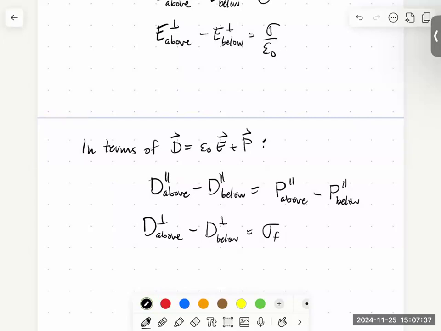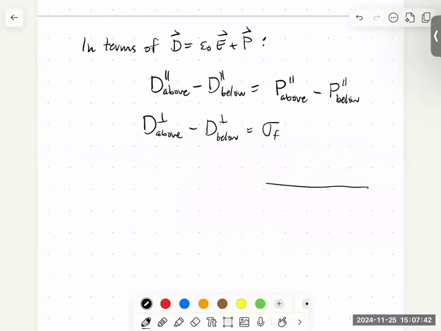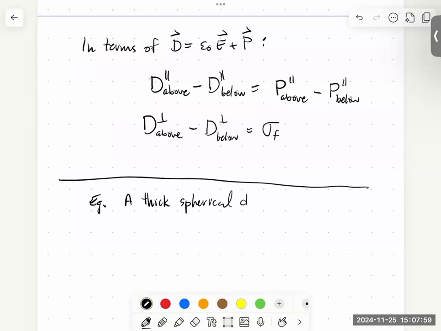All right. So let's do one more example, and we'll see how we can apply some of this if we're given an actual expression for the polarization. A thick spherical dielectric shell has a frozen-in polarization.